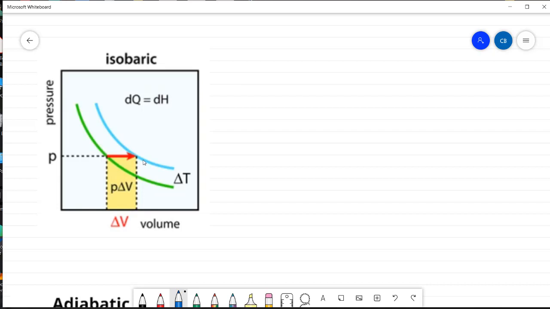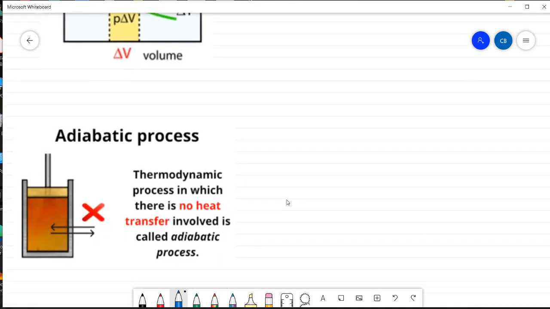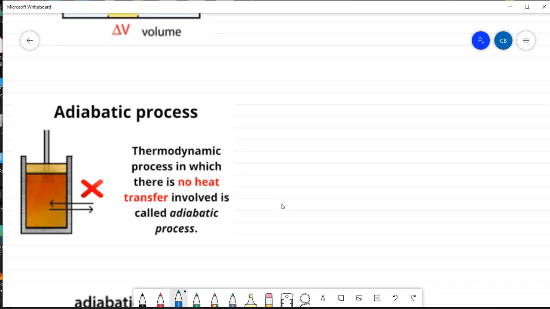Another process is the adiabatic process. Adiabatic means heat Q is equal to 0. In this process, no heat enters or leaves a system.